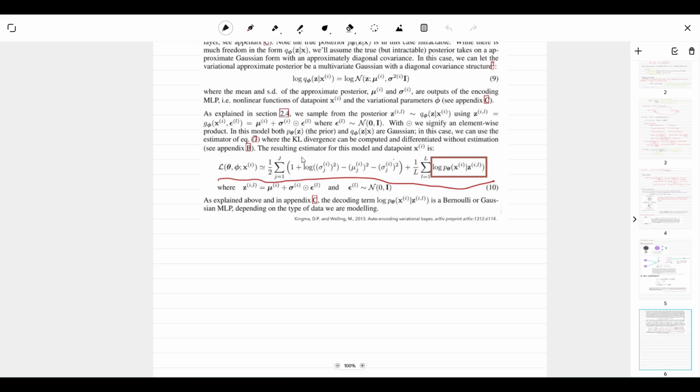It is calculated using the mean mu and the variance sigma squared, outputted by the encoder for each dimension j of latent space. Here the prior assumption p theta of z is the simplest possible, a centered isotropic multivariate Gaussian. This means the mean is 0 and the covariance matrix is the identity matrix.